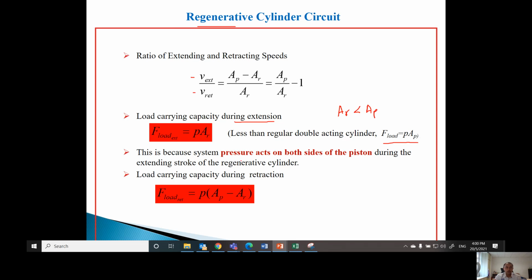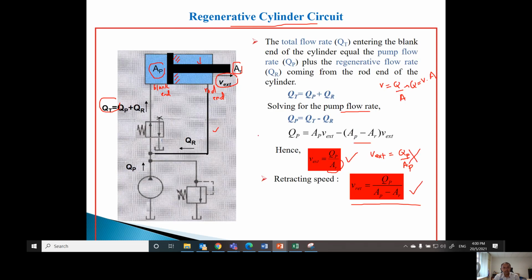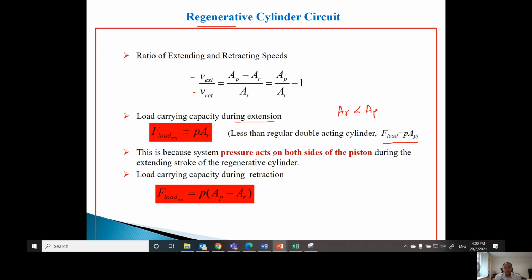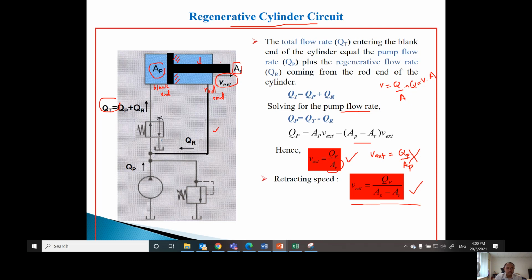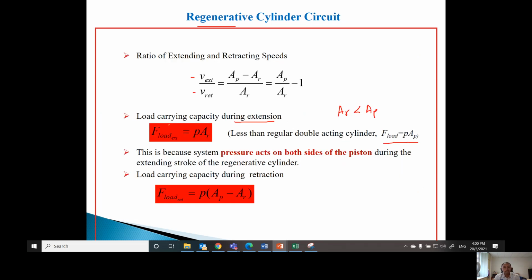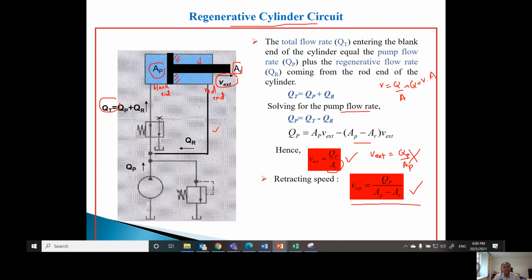This is because of the system pressure. During extension for the regenerative circuit, the pressure acts on both sides of the piston during the extending stroke of the regenerative cylinder. So you can see during extension, the pump will still supply the flow, so there will also be pressure acting on this side as well, because this line is open.